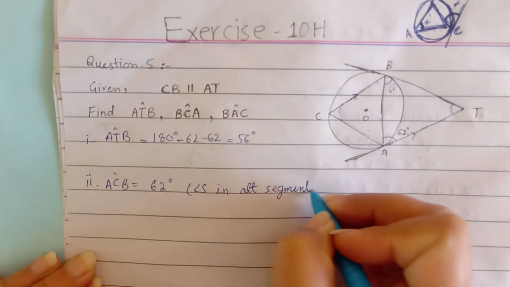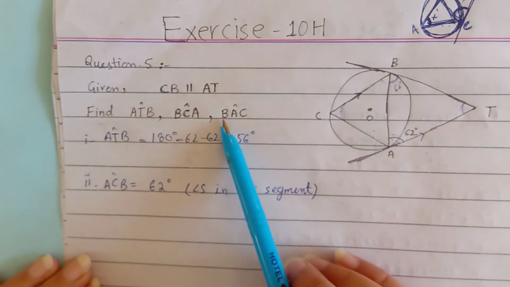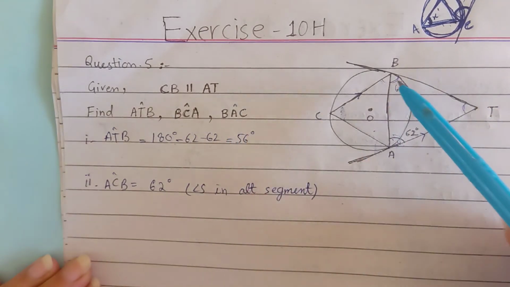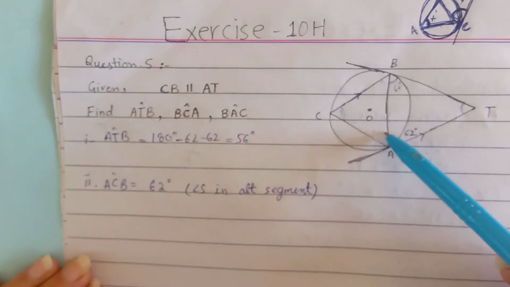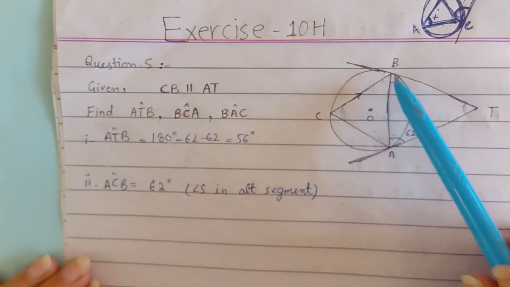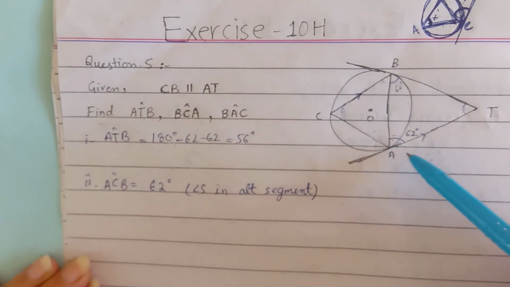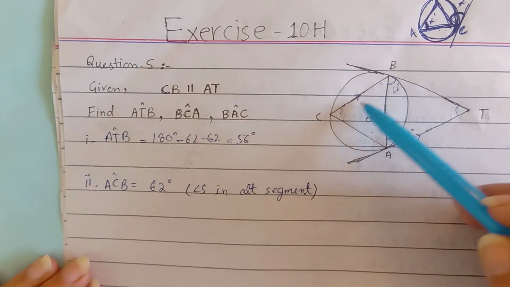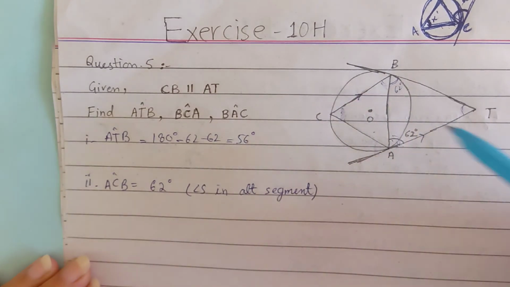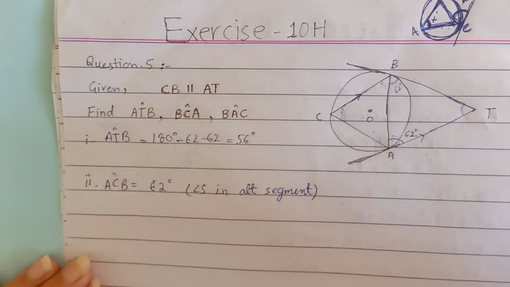Now moving to part 3 of this question, in which they have asked you to find the angle BAC, the major angle BAC, this angle, right? Now as we know that BAC is an isosceles triangle, in which BA is equal to CA, if this angle is 62 degrees, then this one is also equal to 62 degrees.